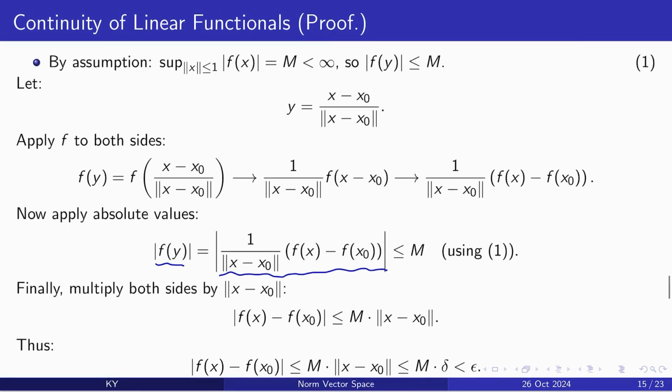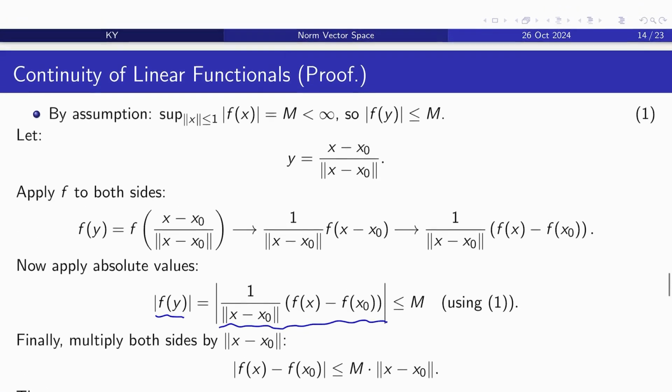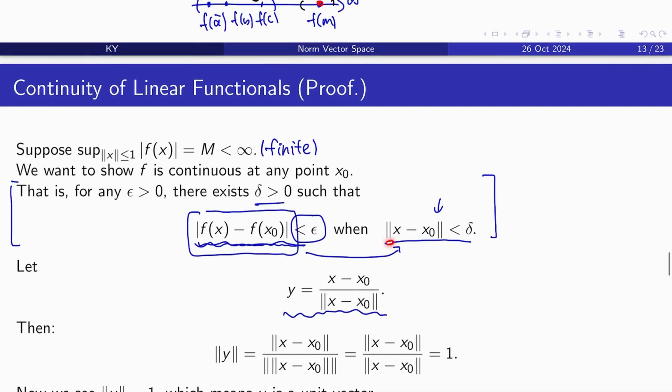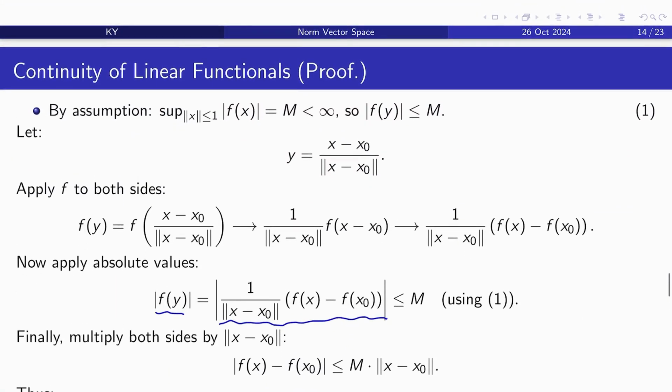Then, what do we see? We see that this guy right here is our assumption back in here, which is the norm of x minus x naught less than or equal to delta. So what you're going to do is make your delta here and you get your epsilon.